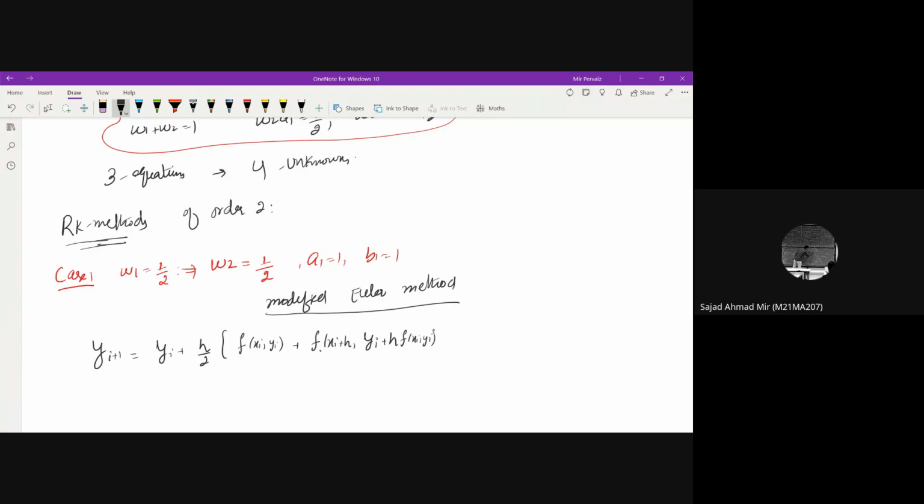So this is what you will get. This is your modified Euler's method.